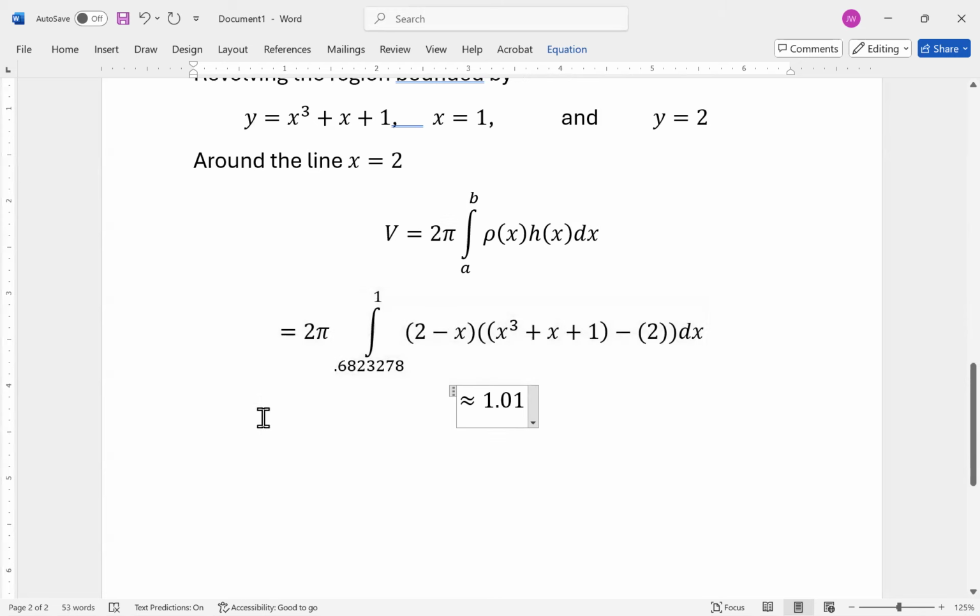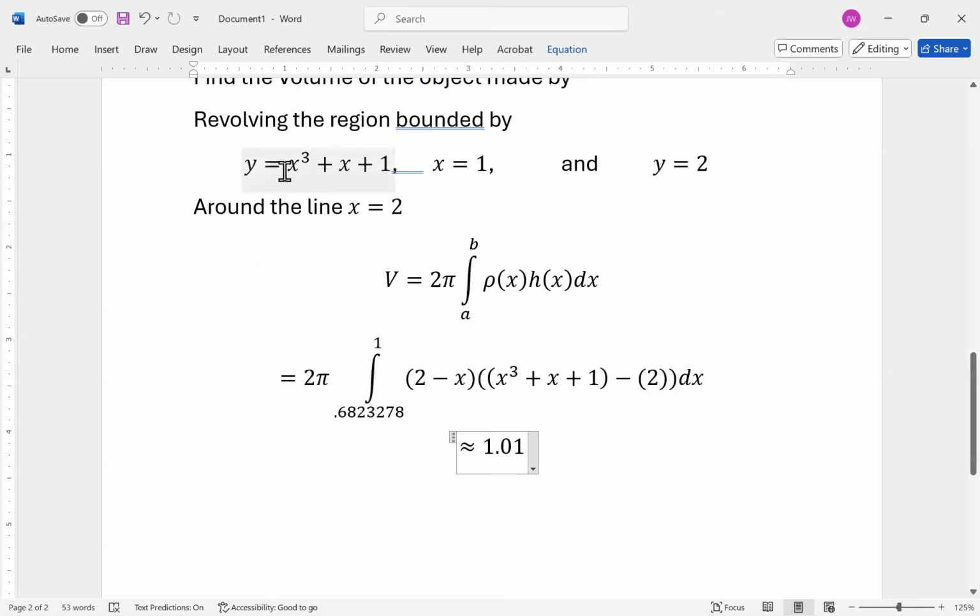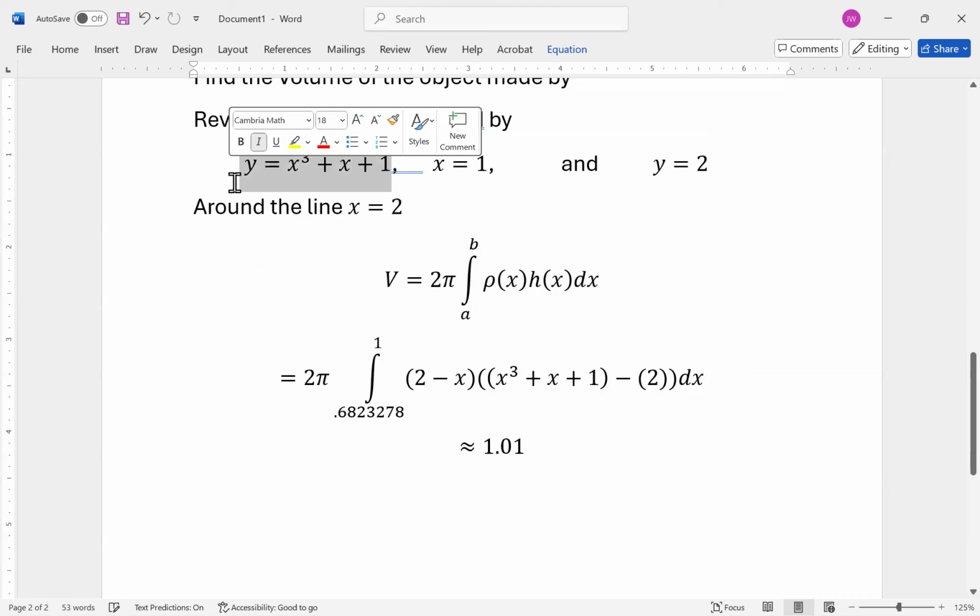Hopefully all of that makes sense. This shows you that because I couldn't solve for x here, the shell method is necessary, because there's no way I would be integrating with respect to y this type of a function. I couldn't deal with that type of a function with integration with respect to y.